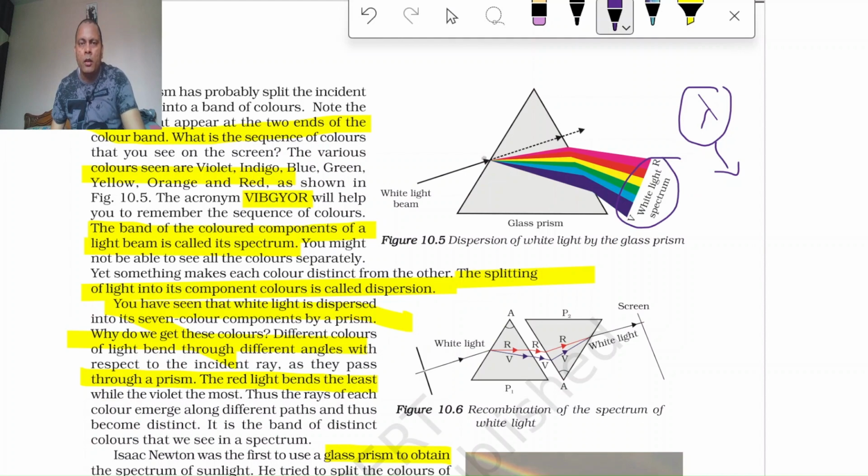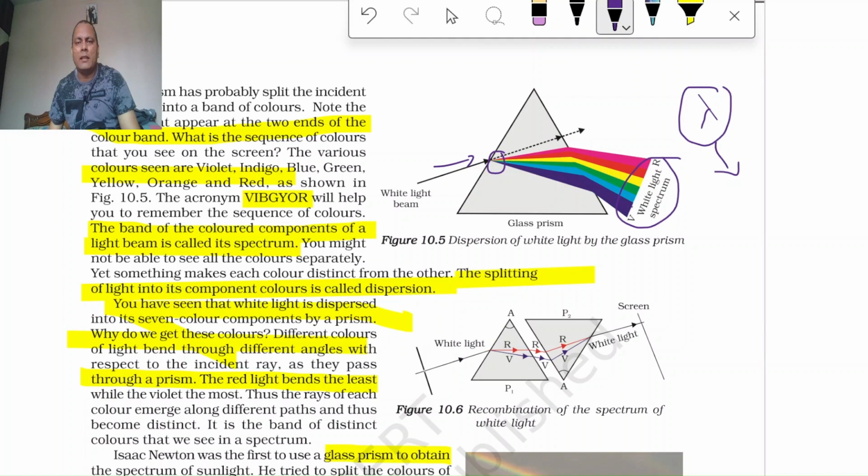You can see this is white light, and when the white light passes through a prism, due to the different wavelengths, because white light is a combination of different wavelengths of light, each light bends differently.